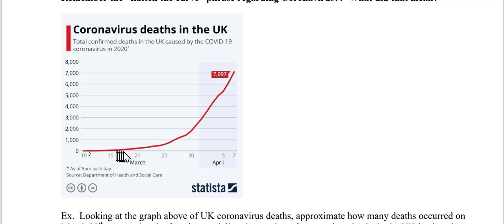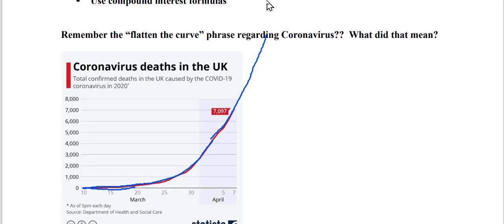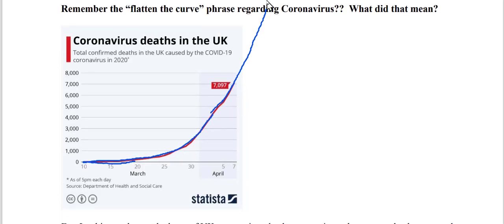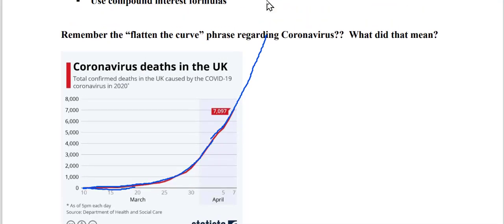If you look at this, we are growing pretty level here. And then all of a sudden it starts to take off, right? And if you think about projecting out what's going to happen here, this is going to grow very quickly. And that was the concern when we closed everything down.